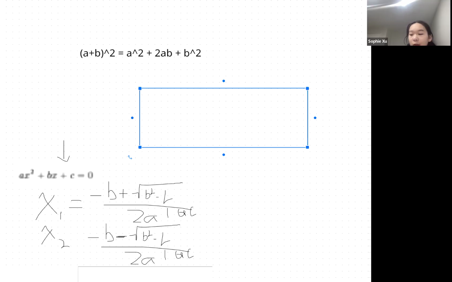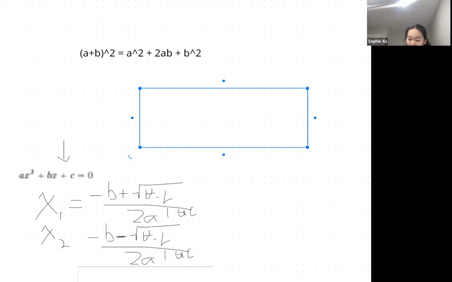So we get x, let's just write it out fully then. x squared plus b over a x plus, since this part is supposed to be the 2ab part, we divide this by 2 and square it.